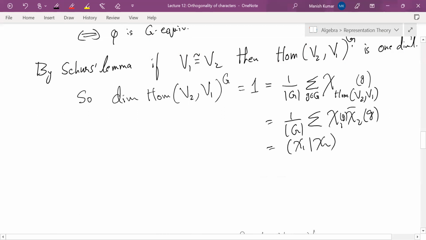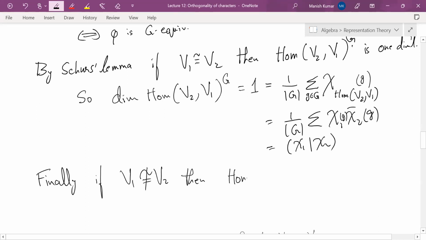Finally, if V1 is not isomorphic to V2, then Hom(V1, V2) is of course not zero, it's a big space, but we know that if both V1 and V2 are irreducible, then there are no equivariant maps between V1 and V2.